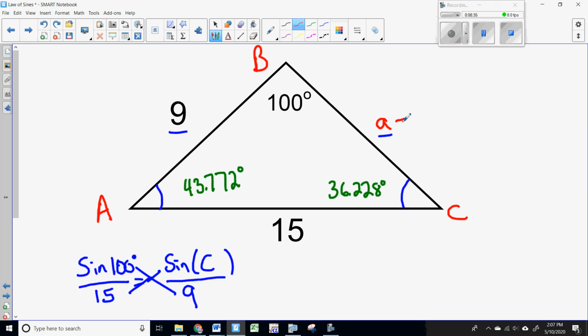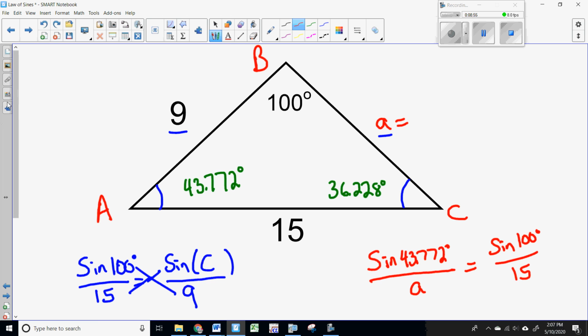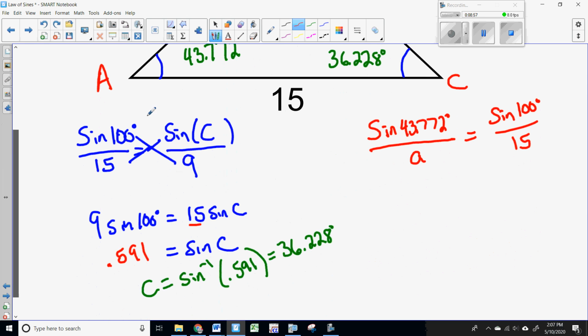I need to find what is side A. I have to use law of sines again. So now I have the sine of 43.772 over A. And I'm going to use the same one as before, the sine of 100 over 15. So now we can go away from our triangle and just solve this.